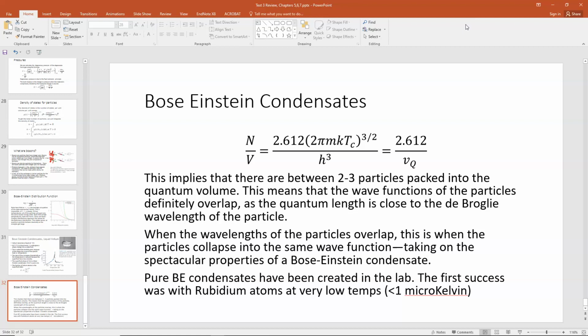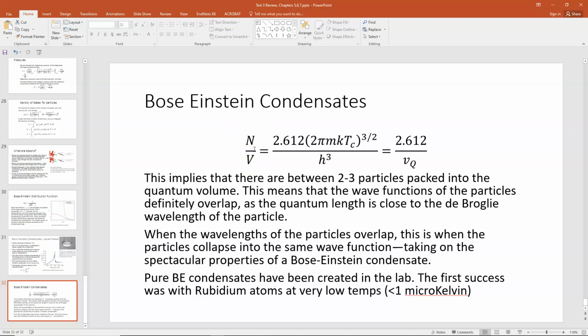We have created, not we, but the collective we, the royal we, have created Bose-Einstein condensates in the lab. The first success was with rubidium atoms at very low temperatures, less than a microkelvin. Bose-Einstein condensates are still being made in labs to simulate systems such as the core of neutron stars, which they believe might have densities this large, so you can understand the physics going on inside the neutron star.